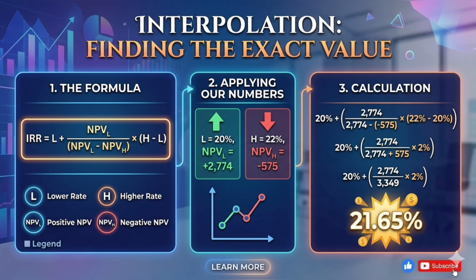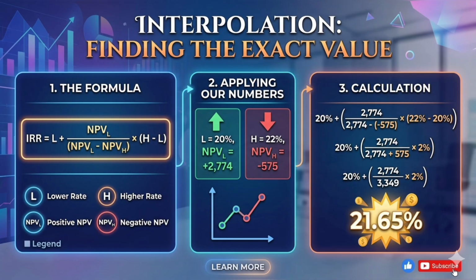While applying the formula, there is a step by step process. First, find the difference of NPV in the denominator. So 2774 minus minus 575, we will get 3349. Then the ratio of NPV, that is NPV_L divided by this difference: 2774 divided by 3349.